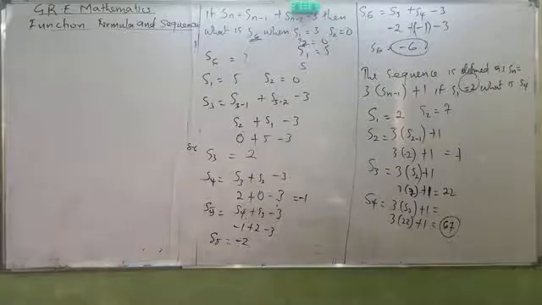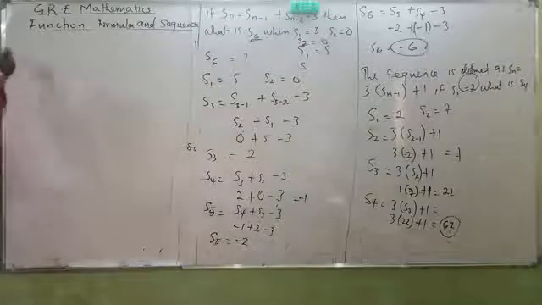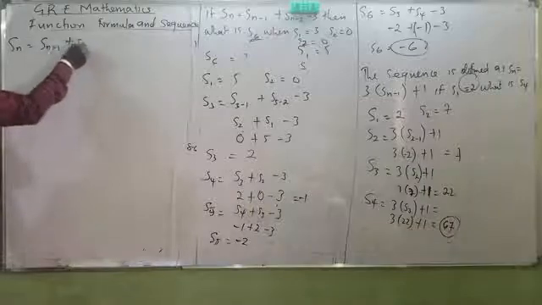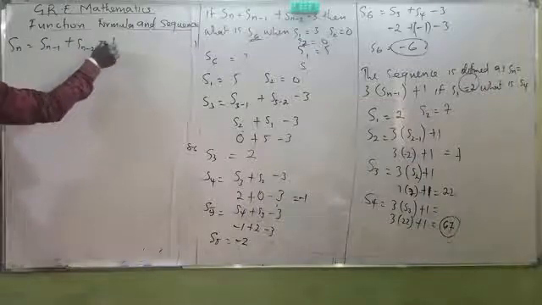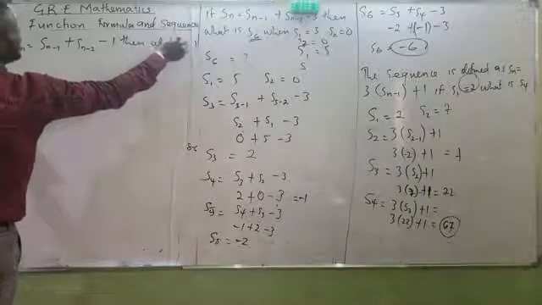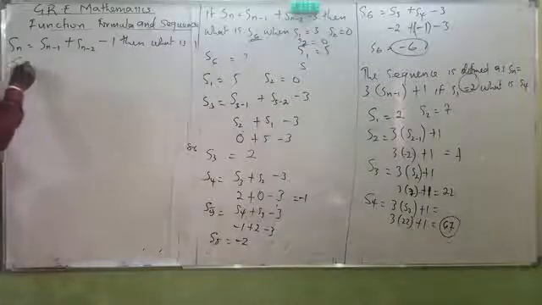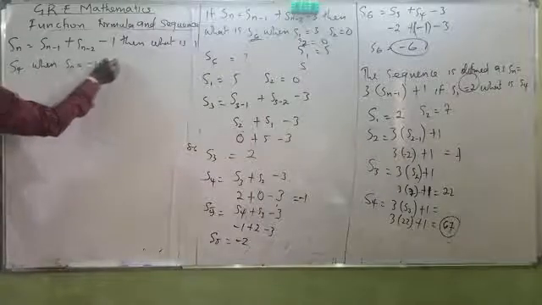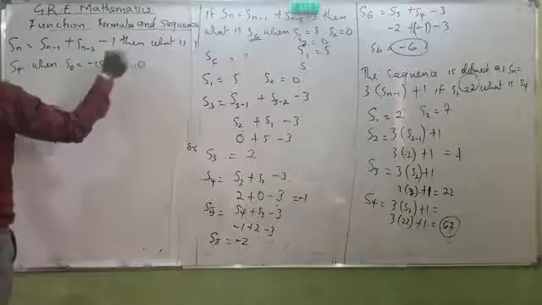Now, look at this problem. I have my Sn equals S(n minus 1) plus S(n minus 2) minus 1. Then what is S4, when my S0 equals minus 10 and S2 equals 0?